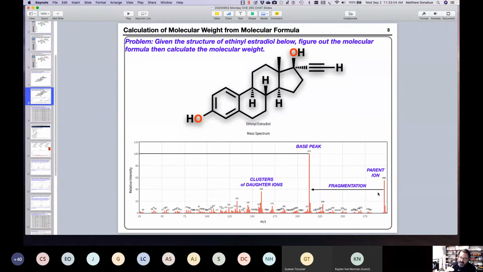Anything at a lower mass than what you calculate for the intact molecular formula is called a daughter ion. So here's the parent ion, the entire intact molecular formula. Anything lower, you're losing mass through a process called fragmentation to form a daughter. Notice that this peak here, which corresponds to 100% abundance, is called the base peak.